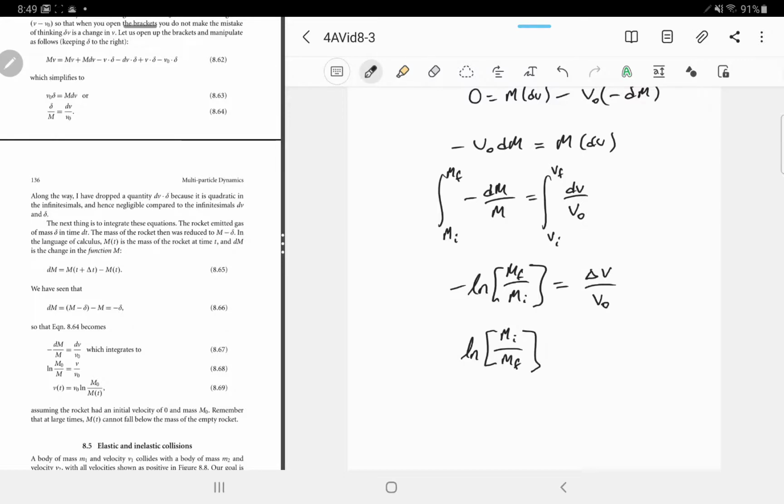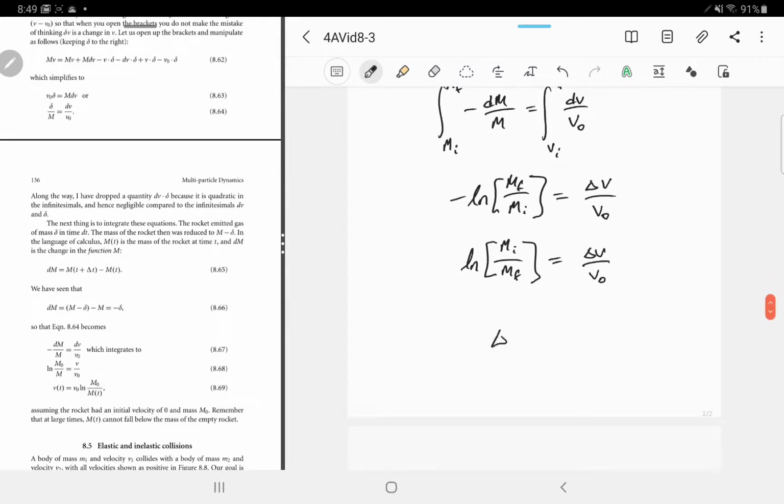Right? So that ratio to the -1 power just flips the fraction. Okay, so this equals delta v over v naught. And so our final equation for delta v, this is the change in velocity of the rocket. It's the exhaust speed times log of the initial mass of the rocket divided by the final mass of the rocket.